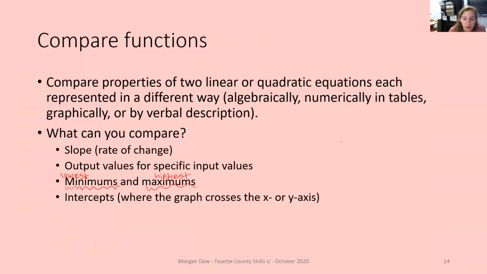So if you were looking at a curve like this, the minimum would be right here at the bottom. That would be the lowest point on the graph. If you were looking at a curve like this, this highest point right here would be the maximum.